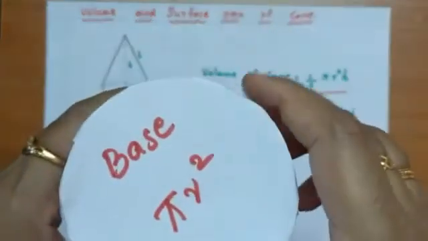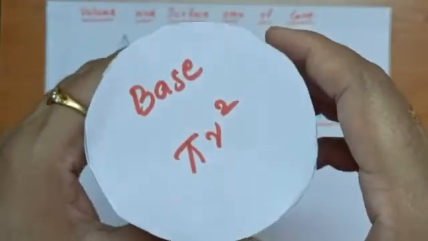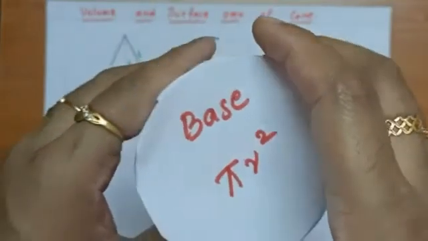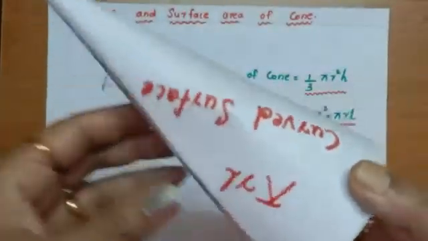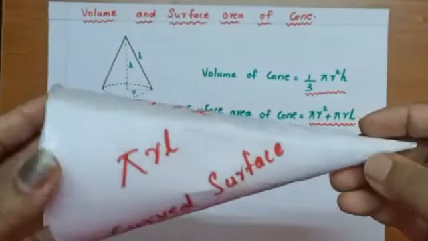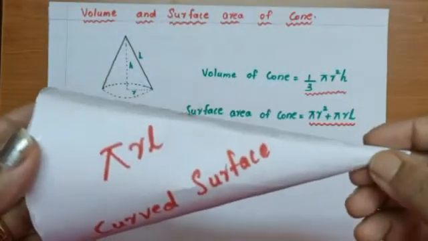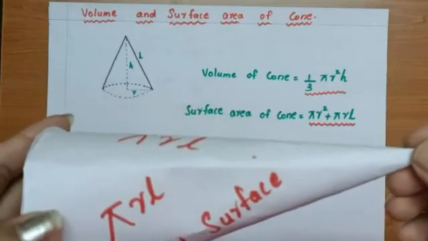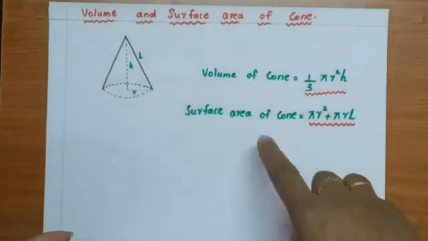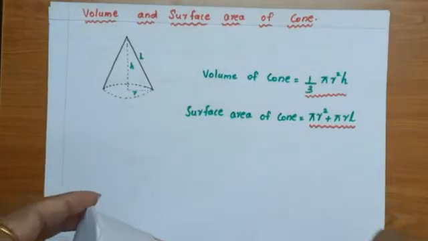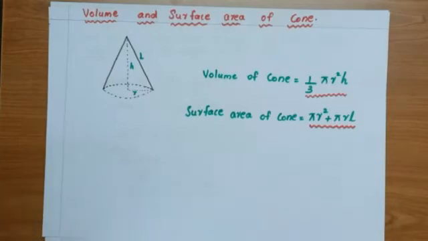Here the base is in the shape of a circle, the area of a circle is pi r square, then the curved surface area will be pi r l. L represents the slant height or slope of the cone. Now the total surface area of the cone equals pi r square plus pi r l.